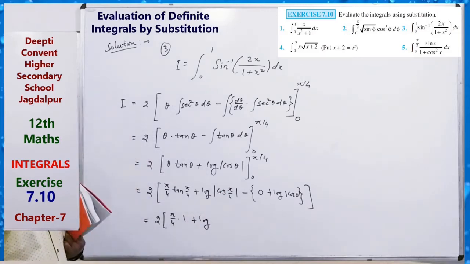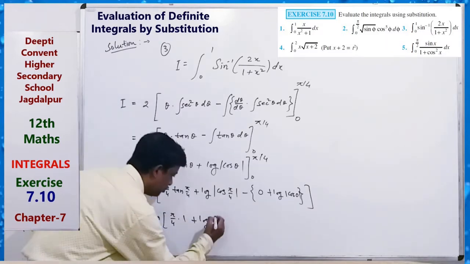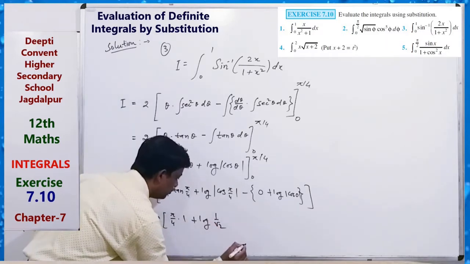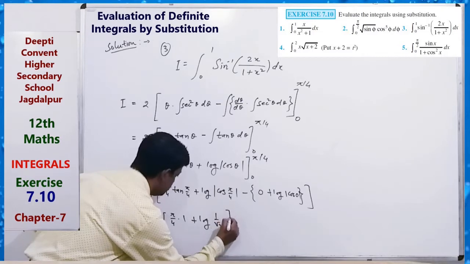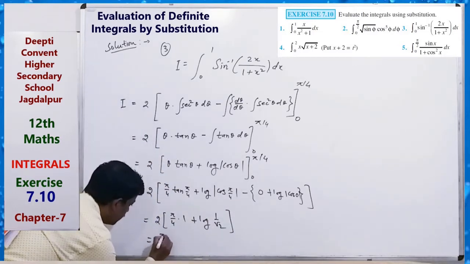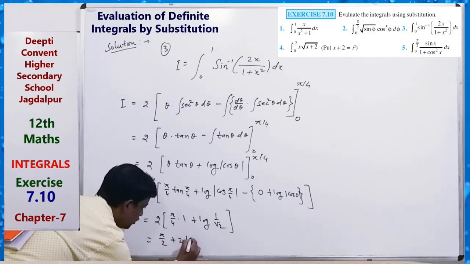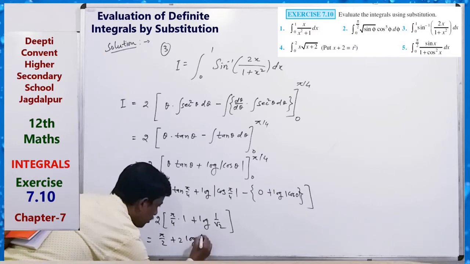So here you can solve: pi by 4 into tan pi by 4 which is 1, plus log of what? Cos pi by 4, which is 1 by root 2. So this is the solution. Now you can solve it. What? Pi by 2 plus 2 times log of 1 by root 2.